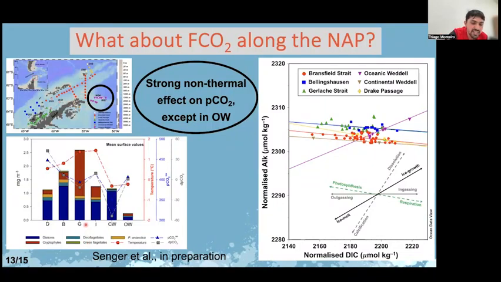For example, we can see that even when we have a higher concentration of total chlorophyll in the Gerlache Strait, for example the G here, this chlorophyll is dominated by the cryptophytes.